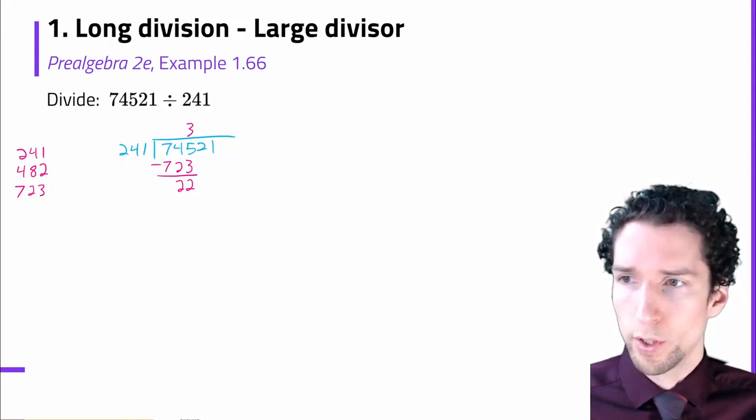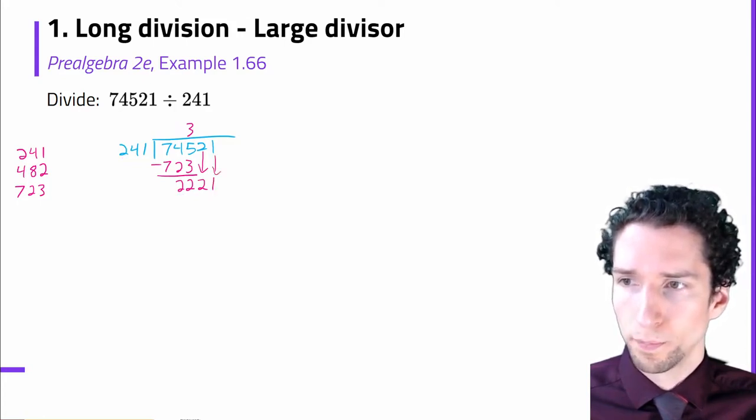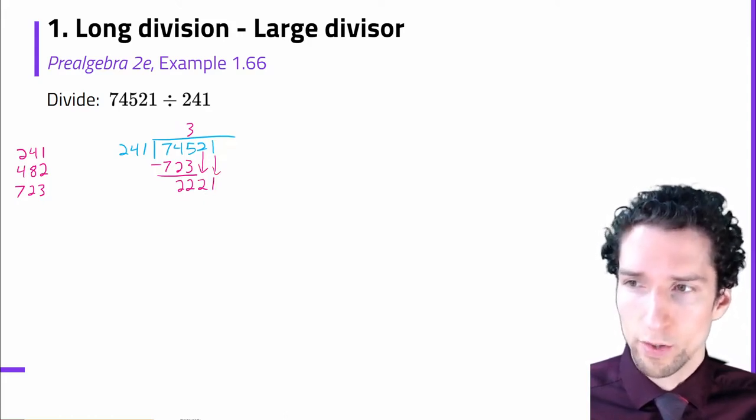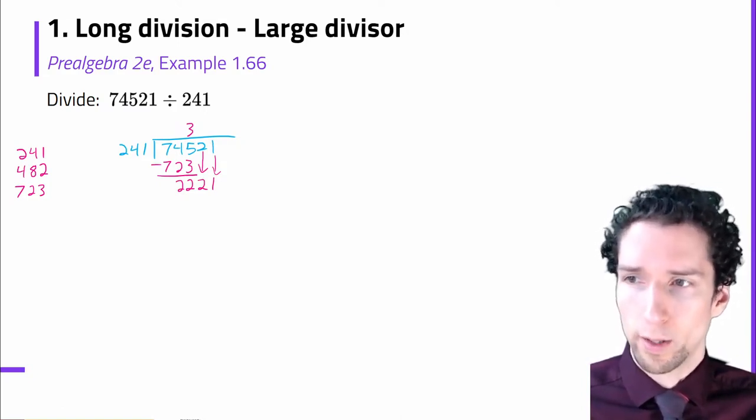So bring down the next digit, 2 here, still not working. Okay, so we have to bring down the next digit as well here. So 241 into 2,221. How many times does that go in?